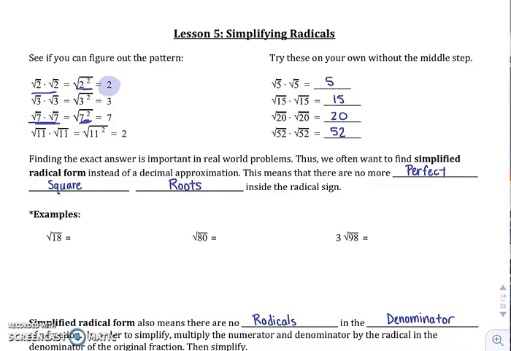So if we go over and look at the examples, square root of 5 times the square root of 5, you could write that as the square root of 5 squared or the square root of 25, but both of them would equal just 5. Square root of 15 times the square root of 15 equals 15. Square root of 20 times the square root of 20 equals 20.